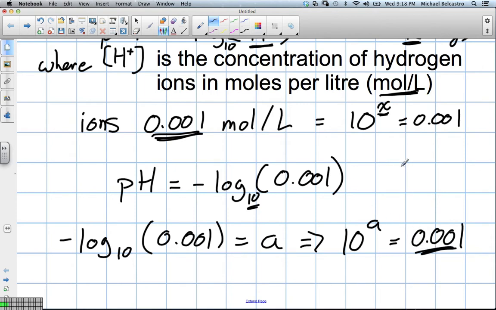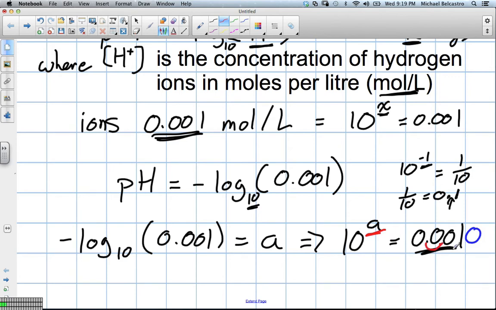Well, just to give you a hint, 10 to the power of negative 1 is the equivalent of 1 over 10. And do you know what 1 over 10 is equal to? 0.1. So as our exponent increases, we get more zeros in front of our 1 value. So we need to move this decimal, and the amount we move this decimal will tell us how far we need to move the exponent.